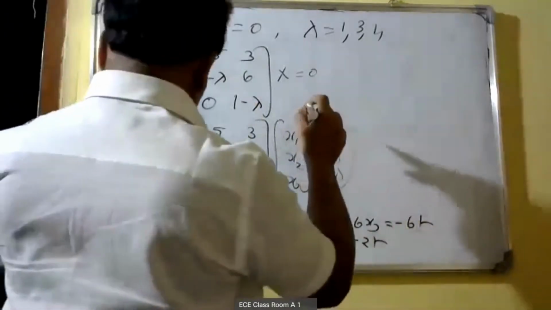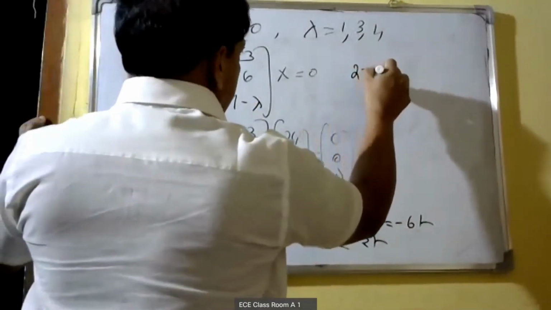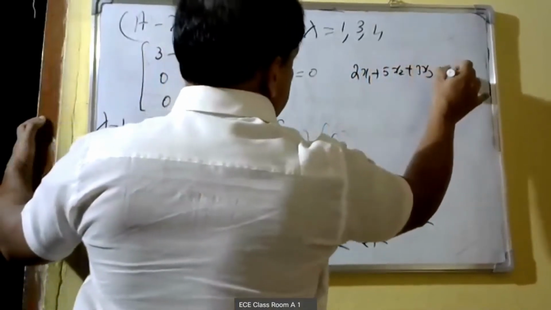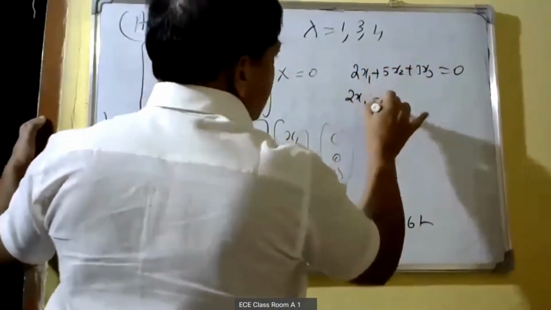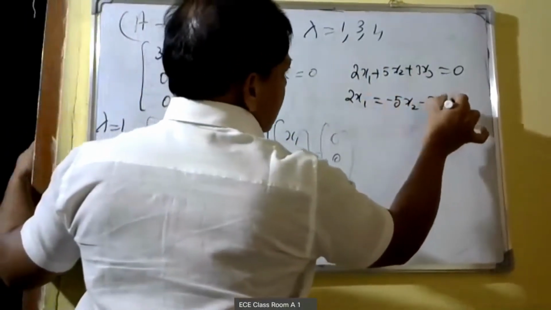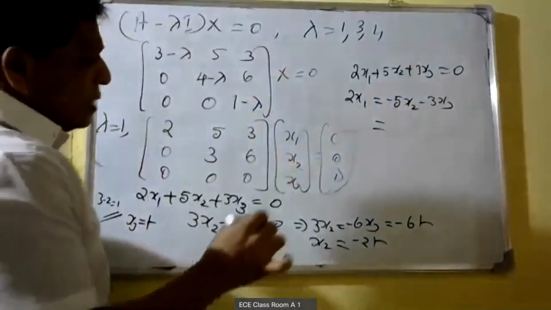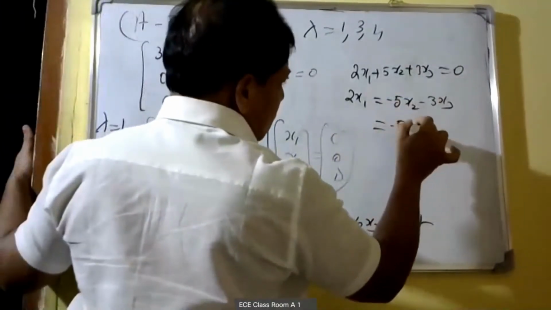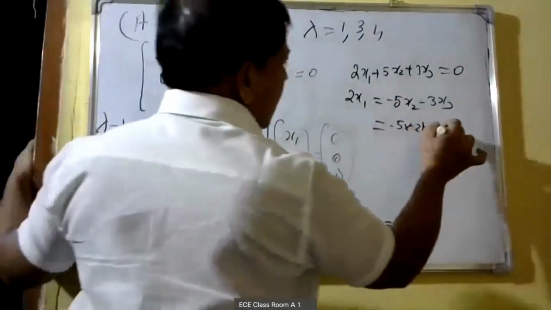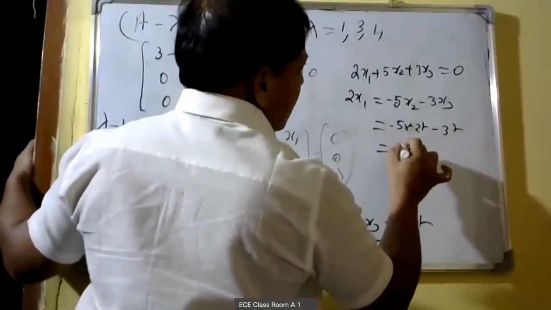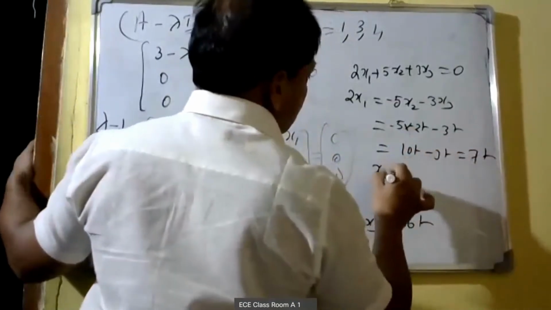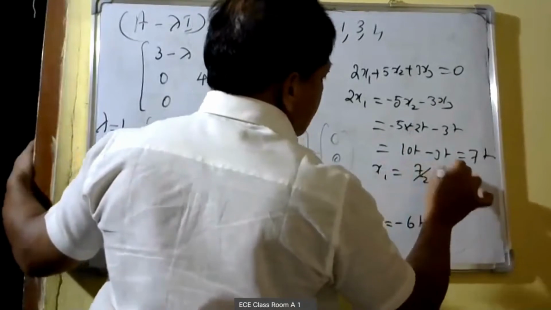Then substitute in the first equation, 2x1 plus 5x2 plus 3x3 equal to 0. That is 2x1 is equal to minus 5x2 minus 3x3, that is minus 5 into minus 2t minus 3t, that is 10t minus 3t, equal to 7t. Therefore x1 is equal to 7 by 2 t.